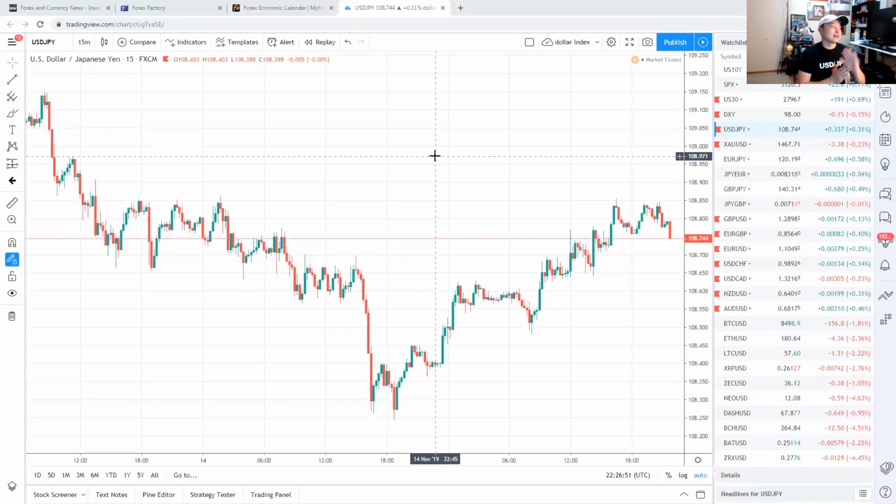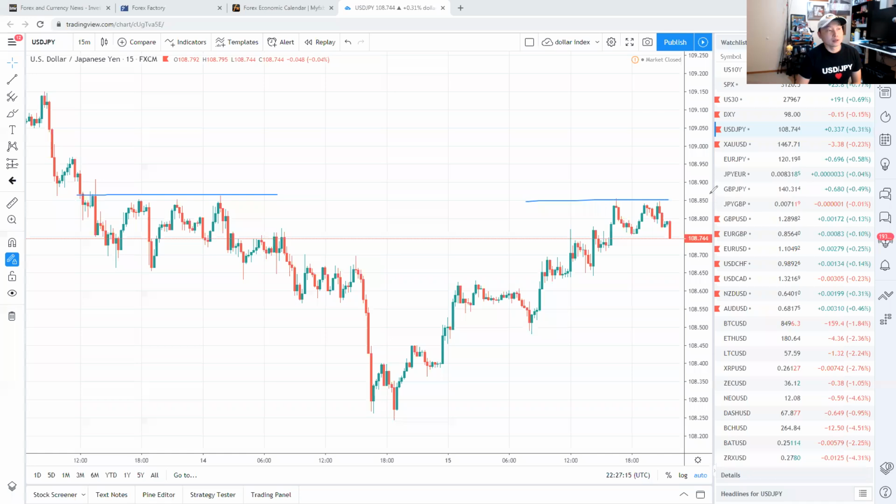What I'm trying to say is, let's just hop into the 15-minute chart. This is USD JPY on the 15-minute chart, dollar to the yen, and I'm going to highlight some very important price rejections here and here at 108.850.